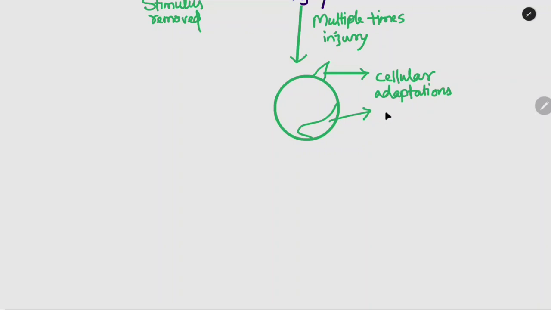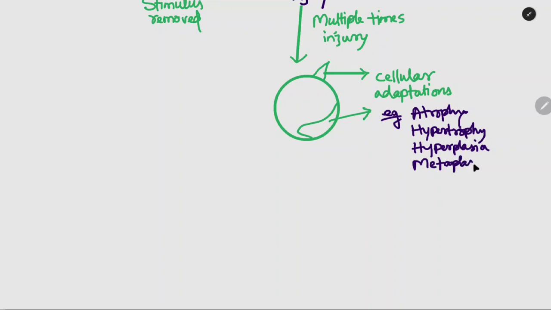The cellular adaptations can be in the form of atrophy, hypertrophy, hyperplasia, metaplasia, or even dysplasia.